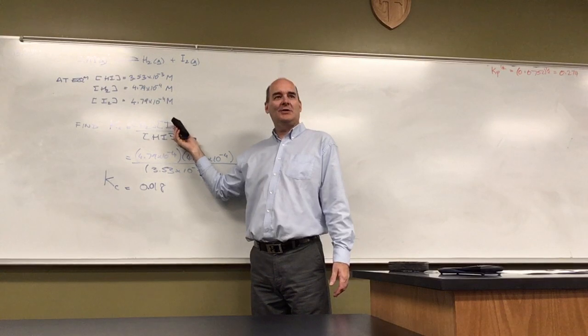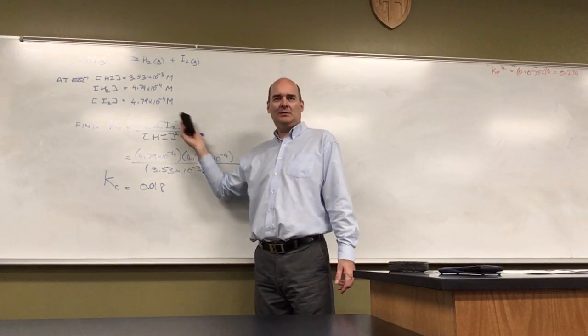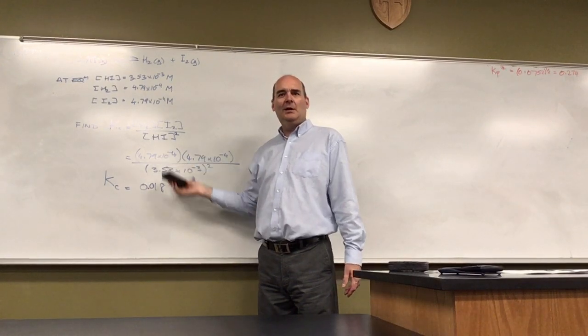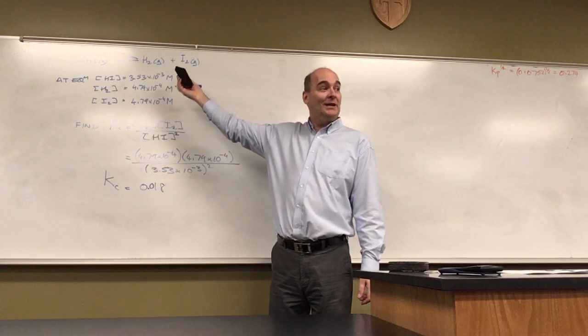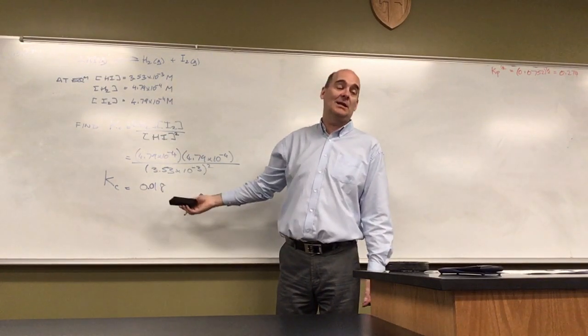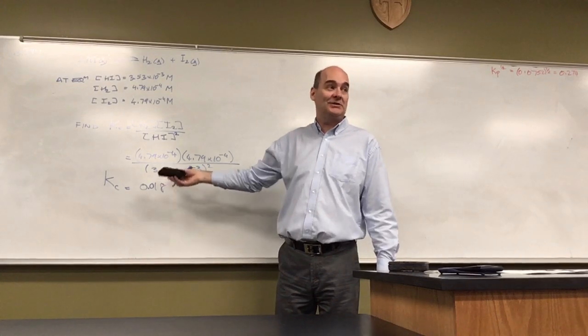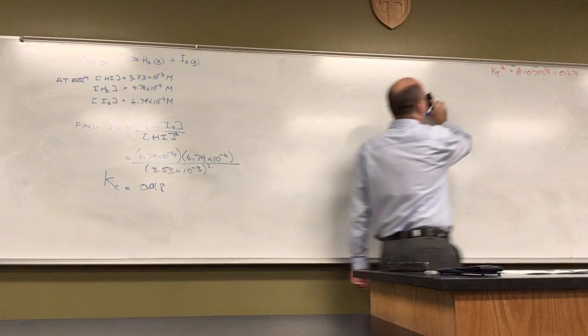You show me that it's the concentration of the products divided by the concentration of the reactants. You show me the coefficients. You put the numbers in the boxes, and then you get the answer wrong. And I give you credit for having all of this right. And they say, that's a calculator error. If you came back to fix it, you would know where to fix it. Show your work.